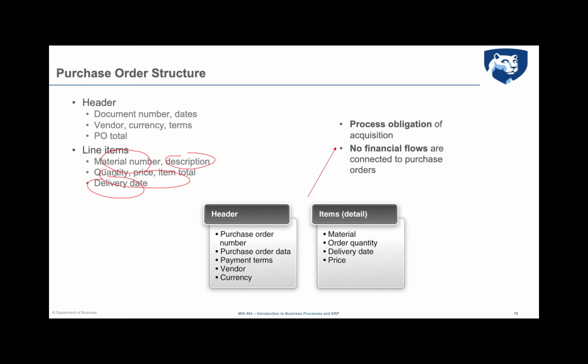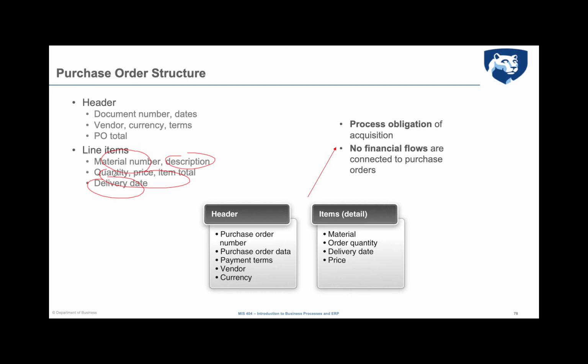It doesn't mean necessarily that there is a financial flow associated with this purchase order. Again, there are payment terms that are established with the supplier, and the actual cash out can happen at a different point in time from when you issue a purchase order. So, a purchase order is an obligation of acquisition.